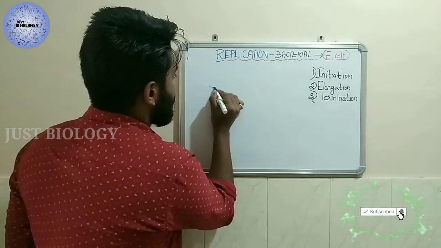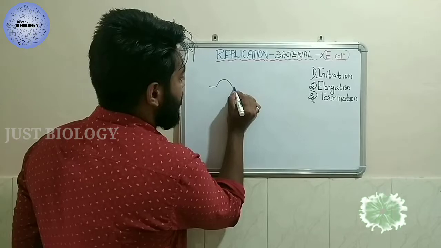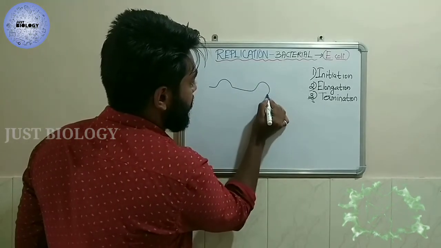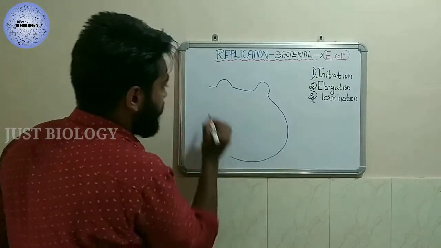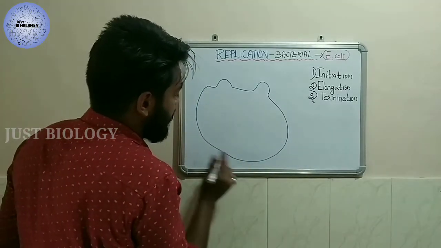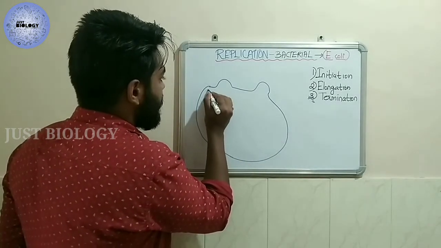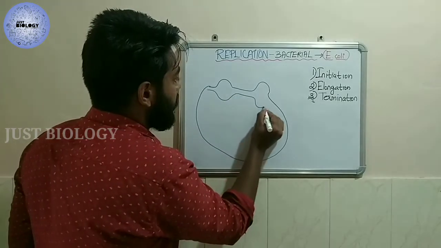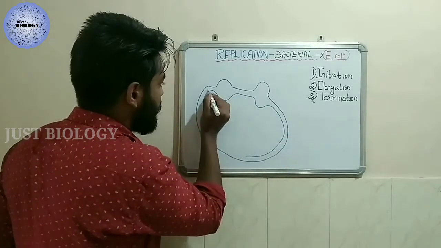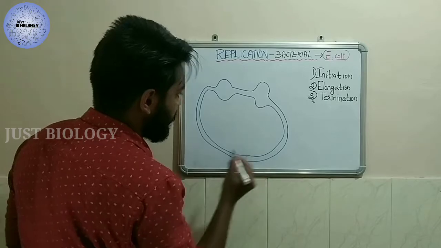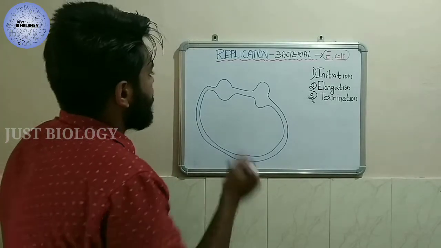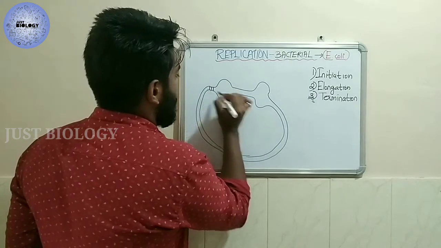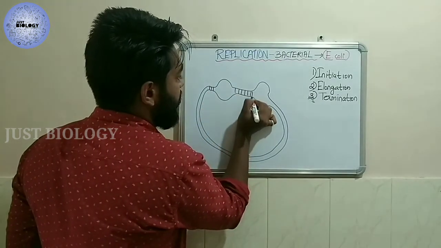So this can be one bubble and this can be another bubble, which meet together at the same point. Here you can see a hydrogen bond, here also you can see the hydrogen bond.